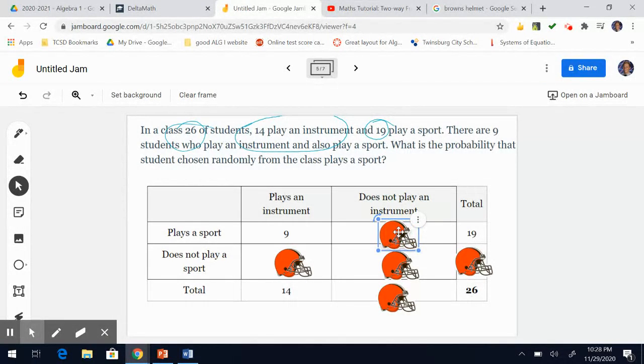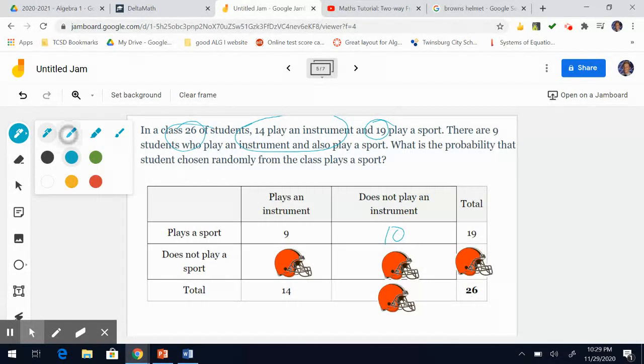When I remove that box, what's going to happen? 9 plus what number gets you 19? So we're going to fill that in with what number? 10, right? And then we can figure out what number. We can choose this one.